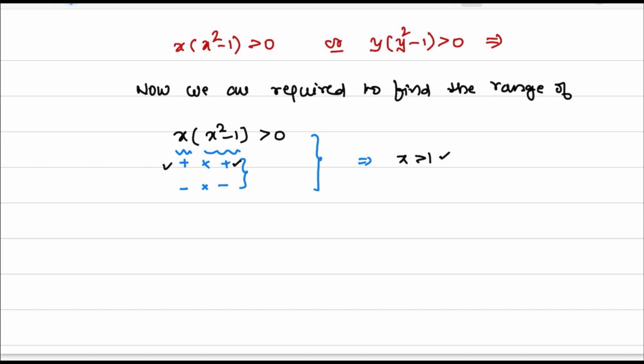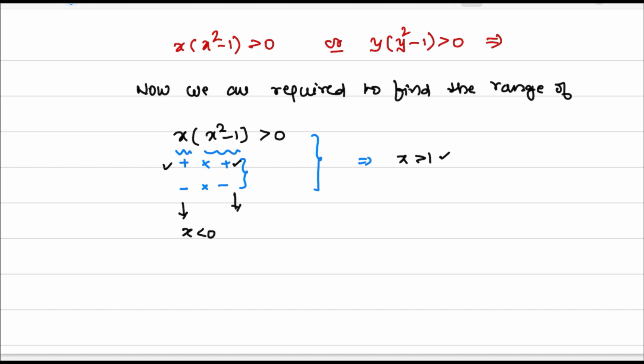And x square minus 1 will be negative when x is greater than minus 1 and less than 1. And x will be negative when x is less than 0.